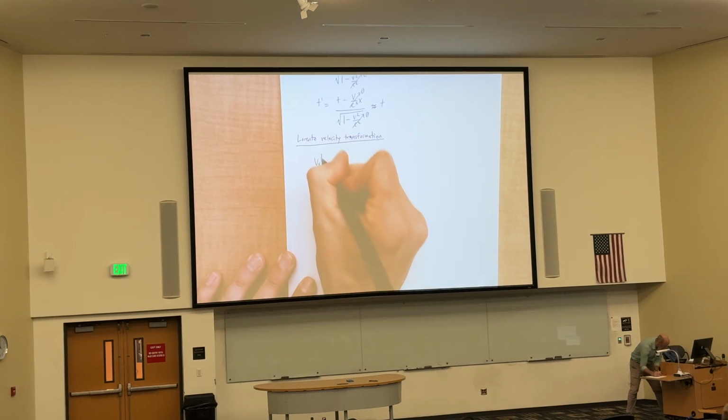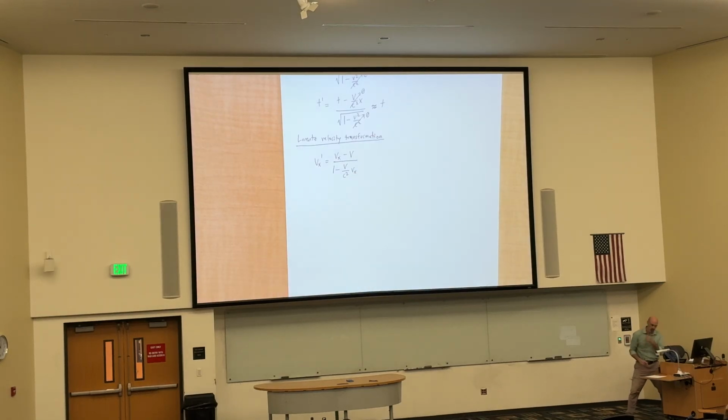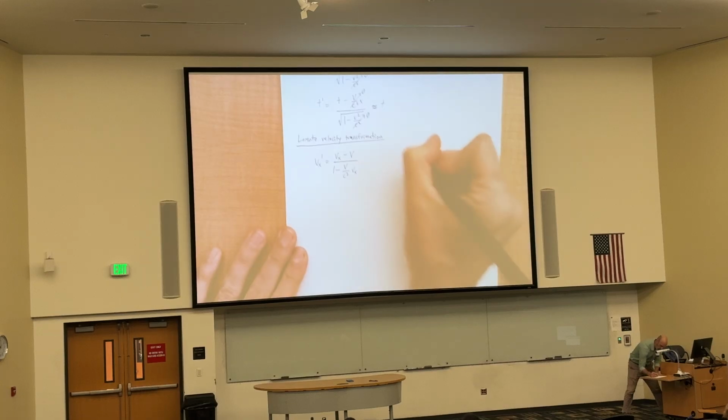And that is vx prime is equal to vx minus v divided by 1 minus v over c squared times vx. It's a little bit tricky to keep track of what all the v's are here, so let's define what each of those are.